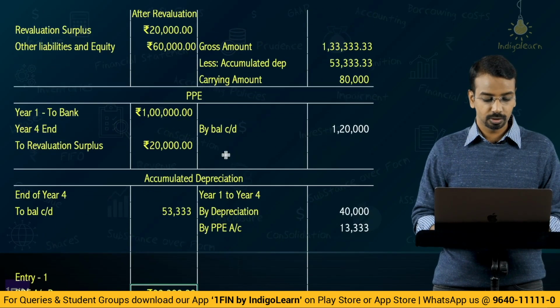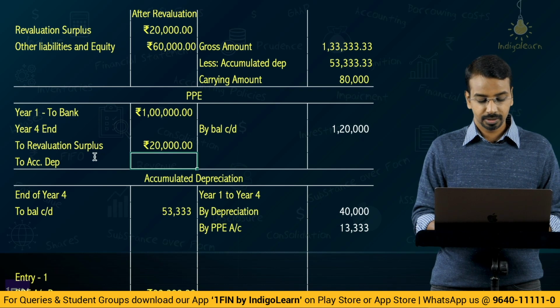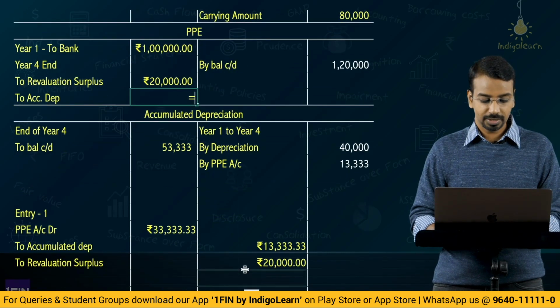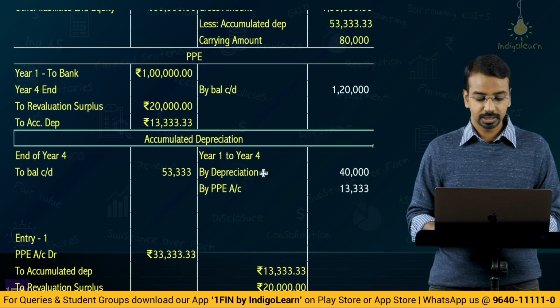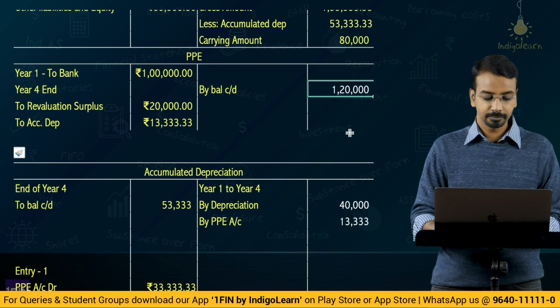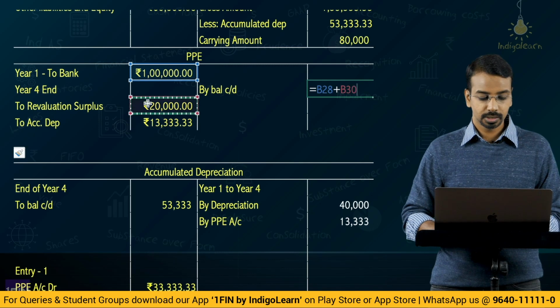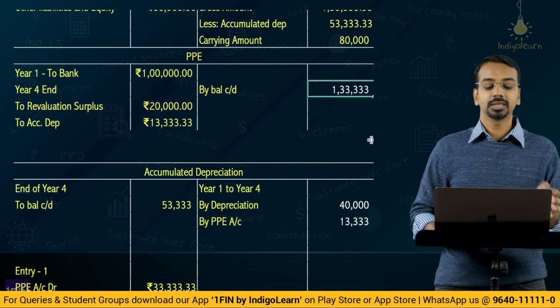So, in the PPE account you will have to revaluation surplus 20,000, to accumulated depreciation 13,333. In accumulated depreciation, you will have 13,333.33 and the balance carried down would be 1 lakh plus 20,000 plus 13,333, which makes it 133,333.